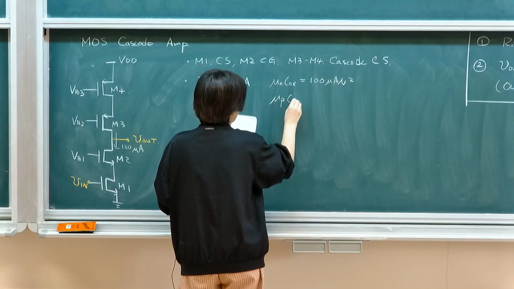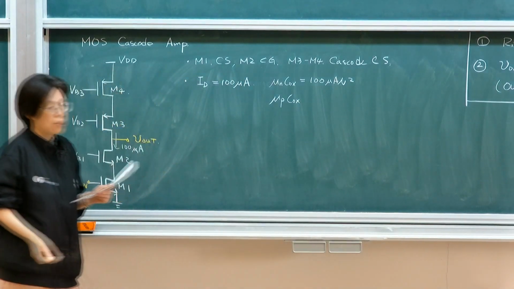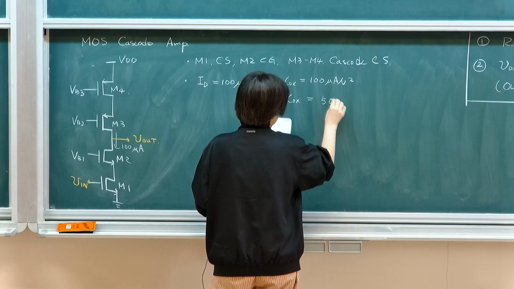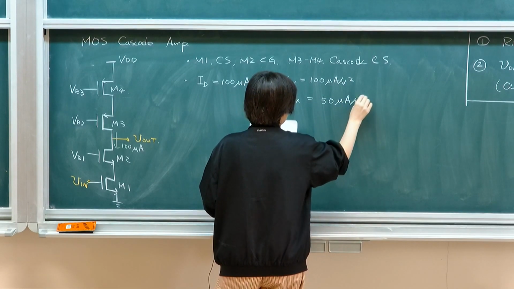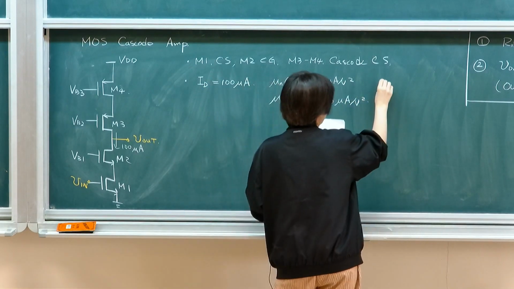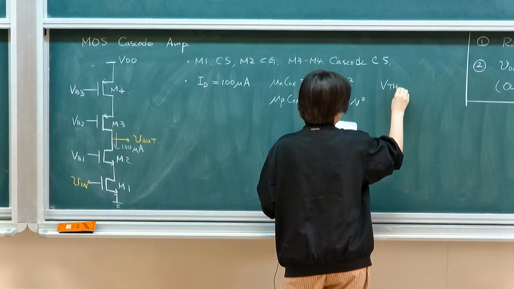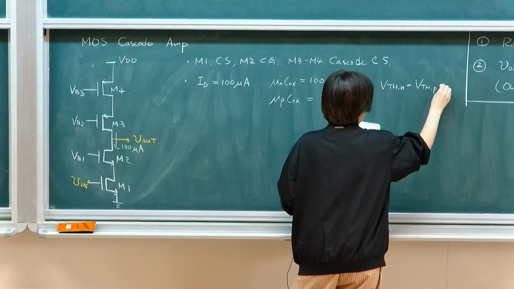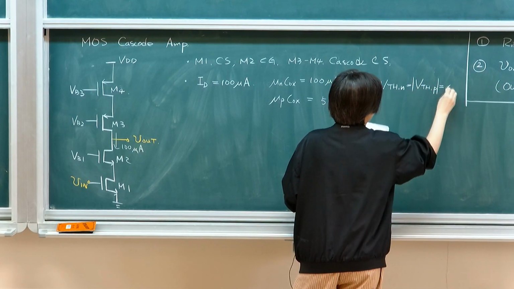And then, if I'm having the same Cox, because the mobility is 2 to 3 times lower, this is 50 micro. And then I have threshold voltage VTN equals VTHP equals 0.5.